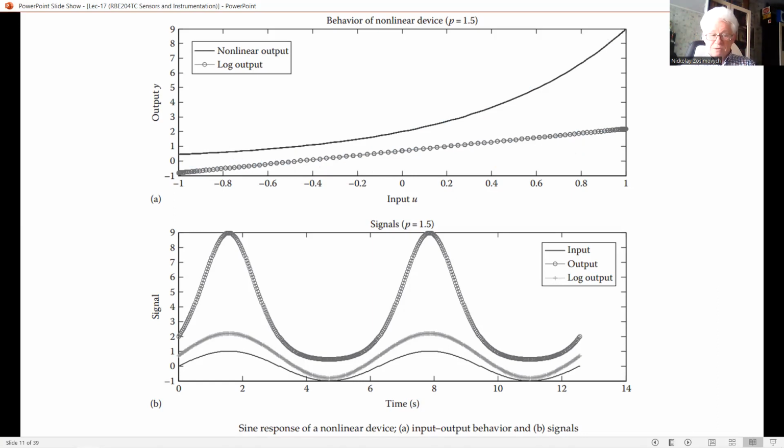So let's use the parameter values k equal 2, p equal 1.5, u naught equal 2, and omega equal 1. We use the following MATLAB function to determine the input-output behavior in the upper figure, and the corresponding signals we have in the bottom figure here.